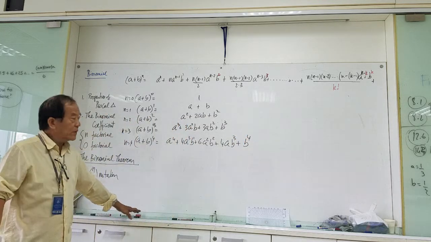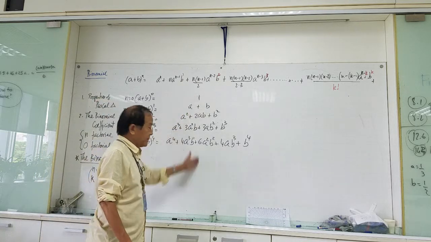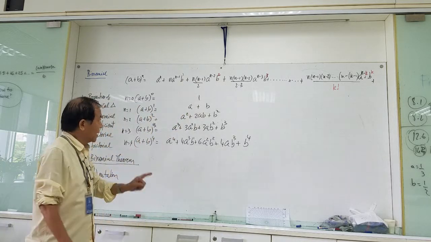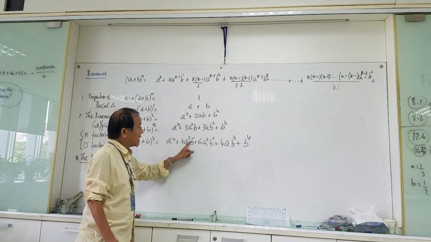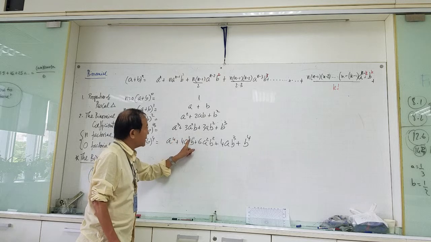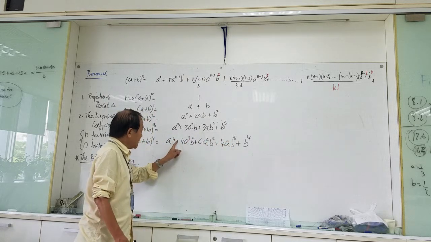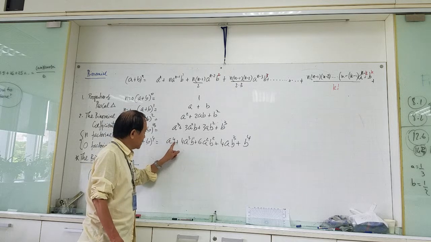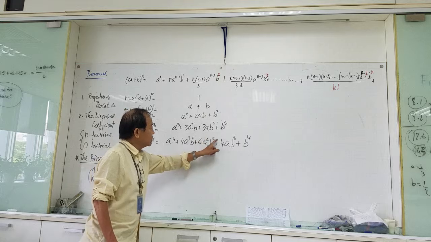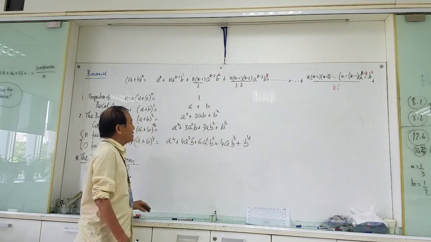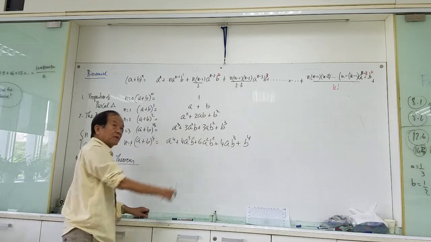So now in class we already observed that this one is symmetric. Secondly, the degree of a descends: 4, 3, 2, 1, a to the 0, and b ascends, b to the 0 power, which is equal to 1, then 1, 2, 3, 4. This one is symmetrical and looks like a triangle.